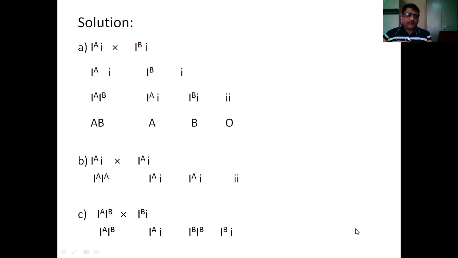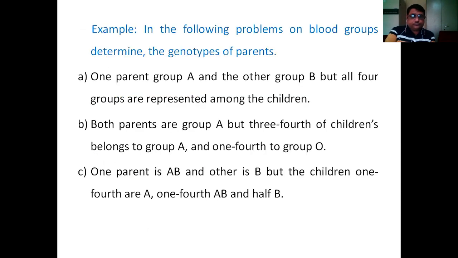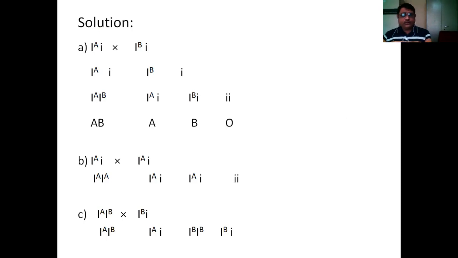Now in the second case, as I discussed, both the parents are of blood group A, but 3/4 of the children belong to blood group A and 1/4 to blood group O. So here the genotypes of the parents will be IAi, IAi. From this we will get IAIA, IAi, IAi and ii.